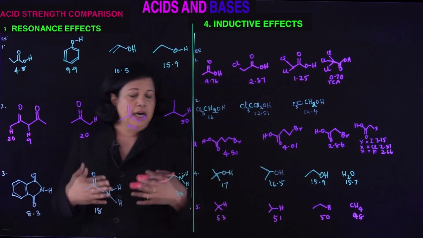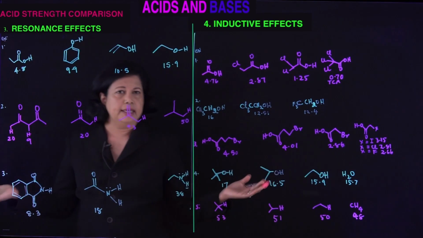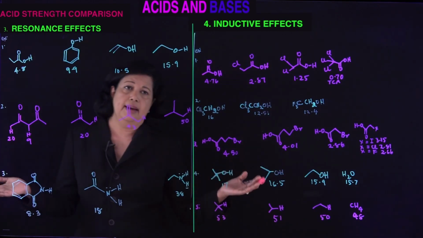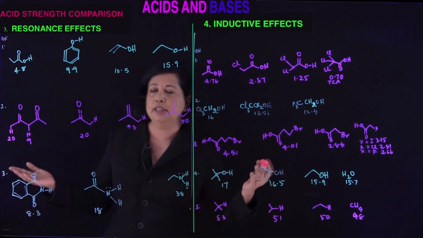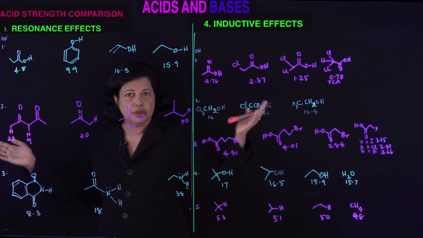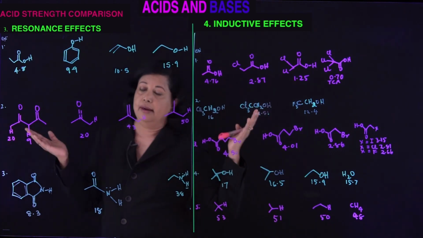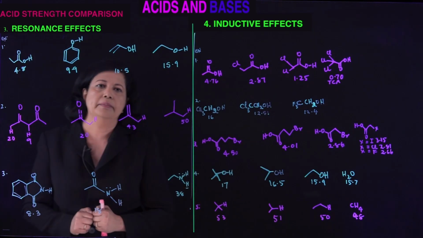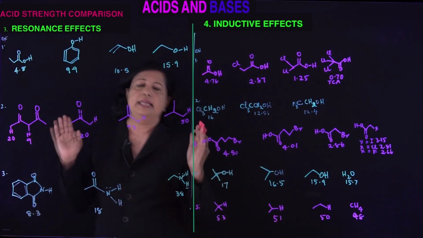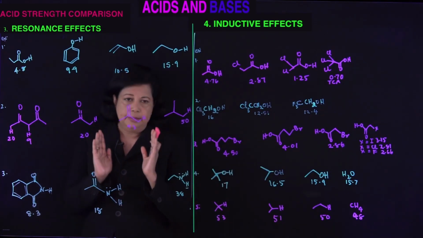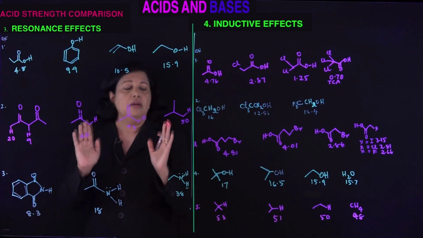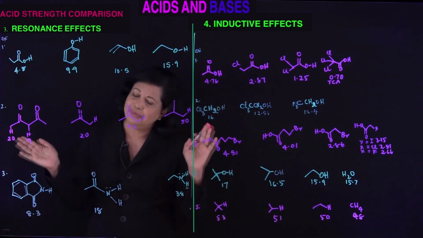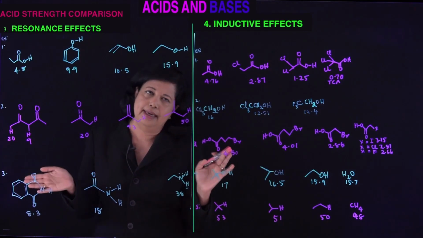When an acid dissociates, you are left with an anion. The anion is basically an electron that is a lone pair on some atom. If that lone pair is just sitting on that atom, it's localized. Localized charges are not very happy.